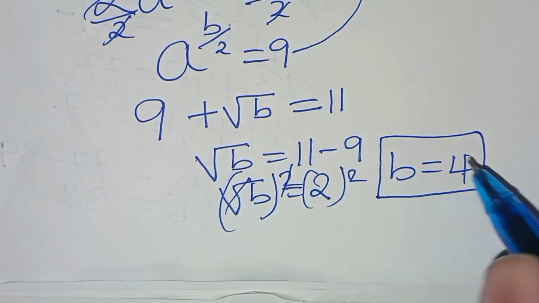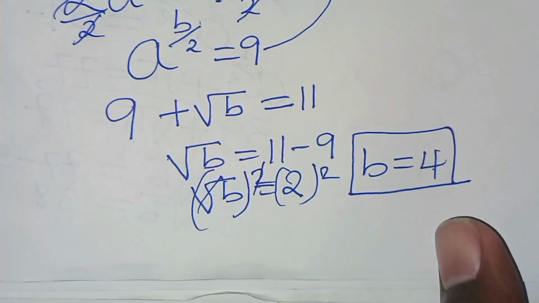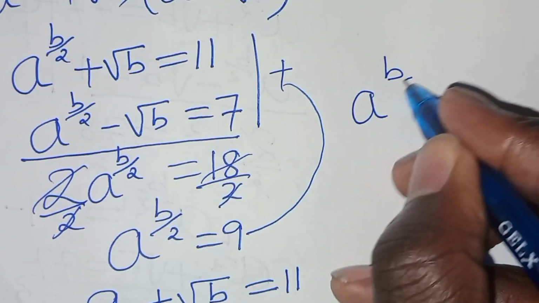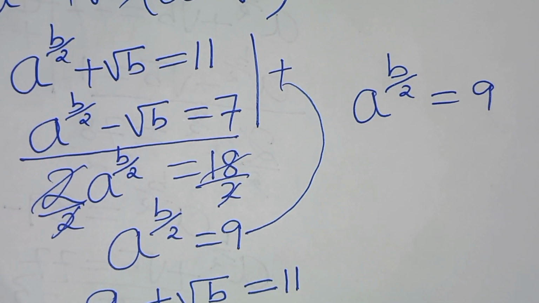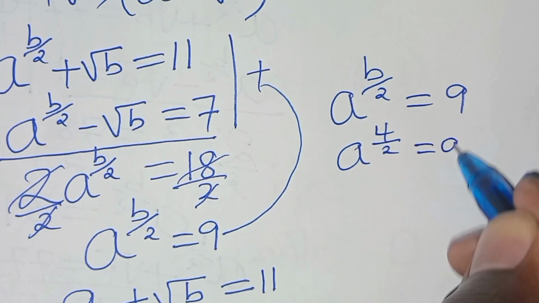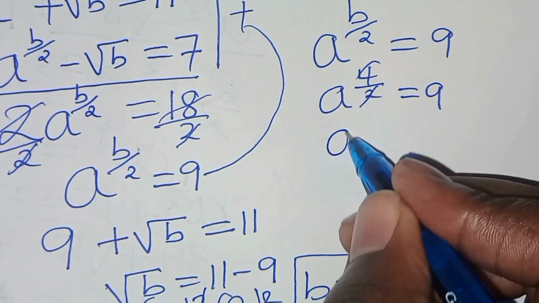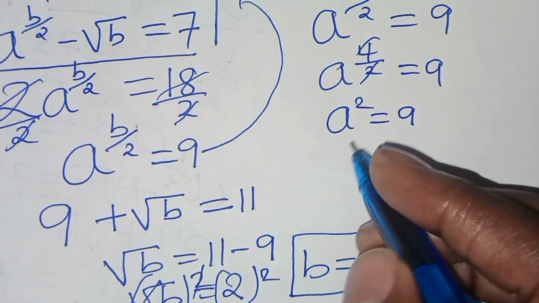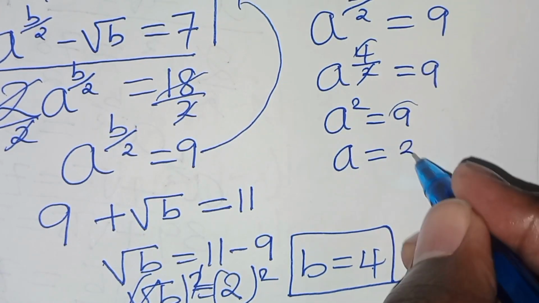So b is 4, and therefore we can calculate the value of a. Remember, we have that a to power b over 2 is equal to 9. Given that b is 4, we'll have a to power 4 over 2 equal to 9. If we simplify, a squared is equal to 9. So a is equal to the square root of 9, which is equal to 3.